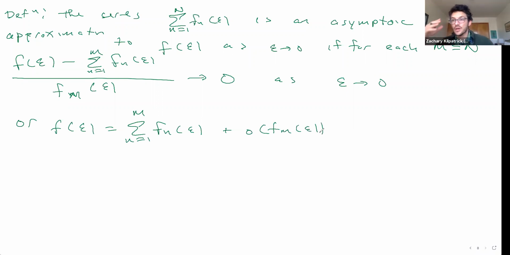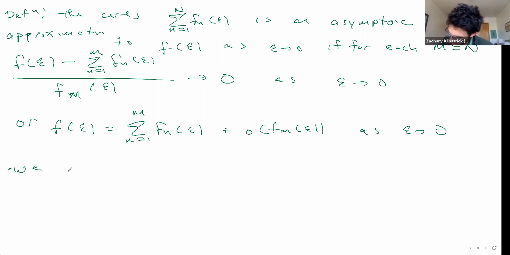So this maybe is intuitive, right? Each term I add on in my asymptotic series should be of smaller order than the previous one. That's what makes my asymptotic approximation asymptotic.